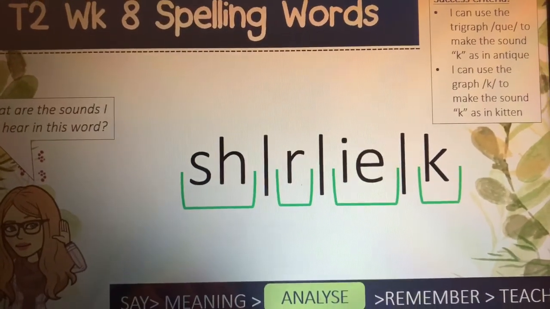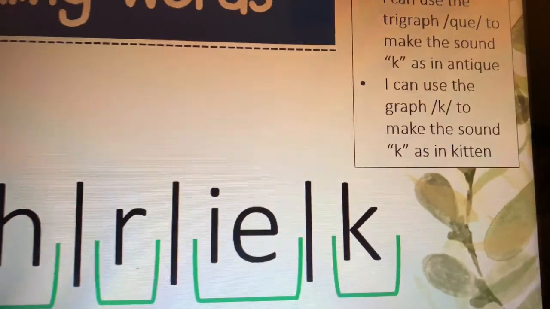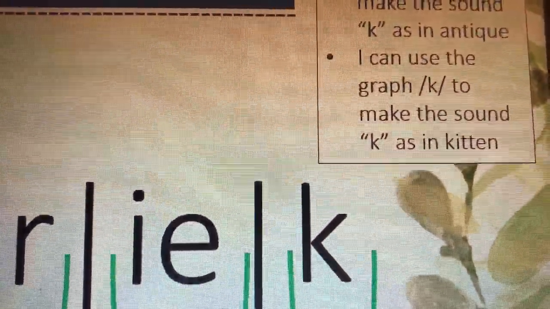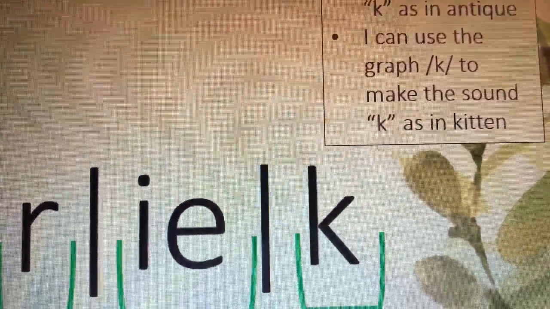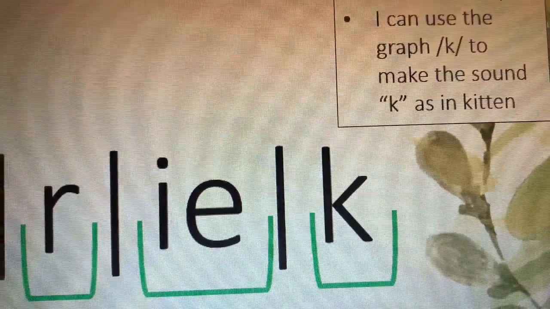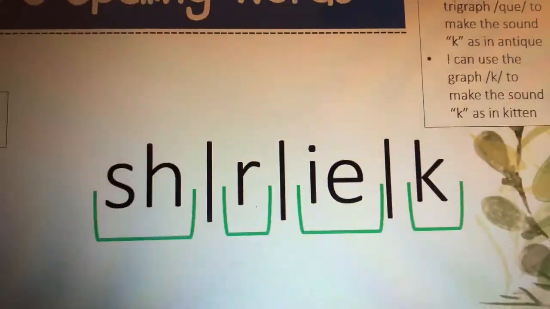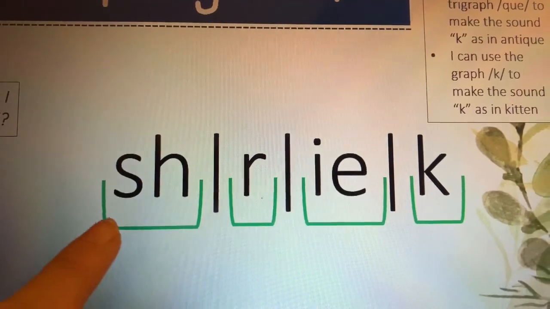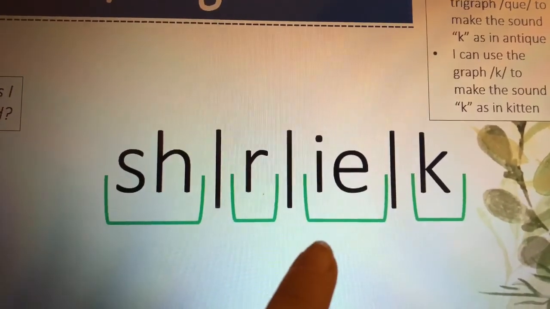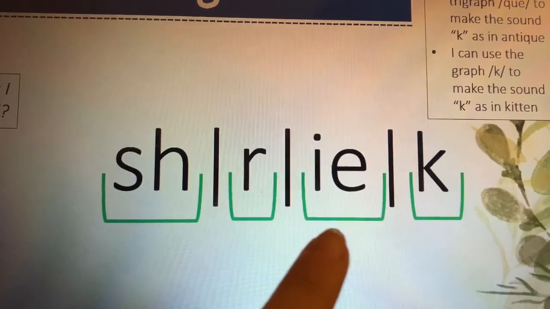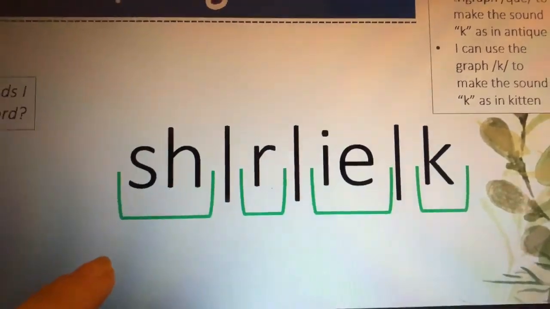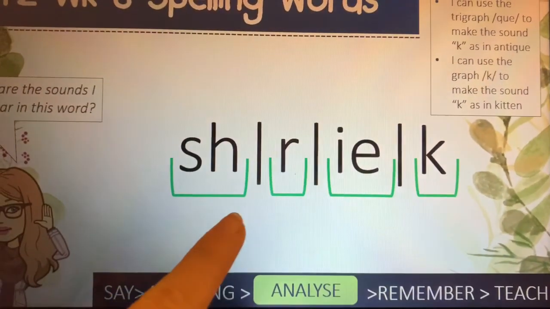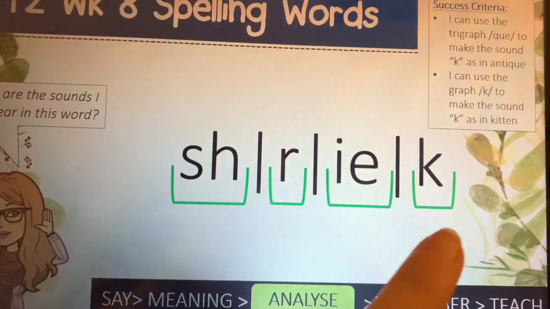In this word shriek, we can see that we are focusing on our other spelling rule, which is to use the graph K to make the sound K, as in kitten. We can also see that the digraph SH is making the sh sound, and the digraph IE is making the E sound. The letters in shriek are SH, R, IE, K.